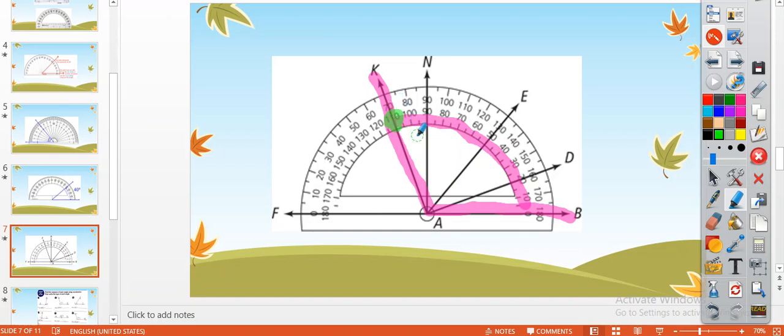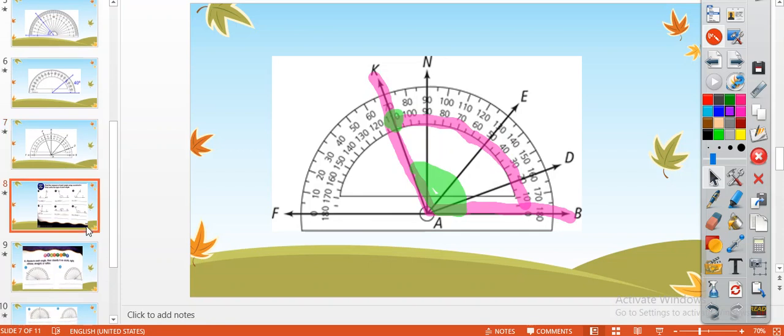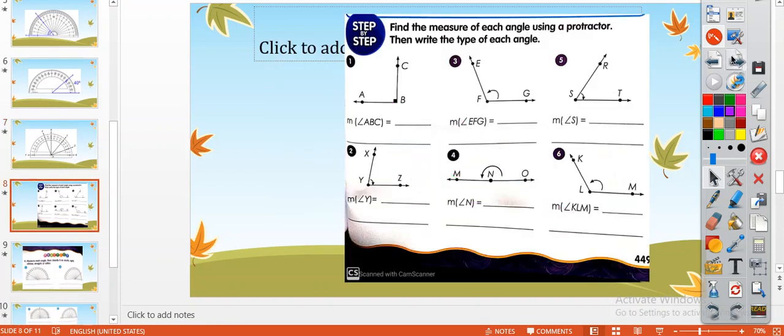And to make it reasonable, make sure that this is an obtuse angle, and an obtuse angle does not measure 70. Obtuse angles measure more than 90. Okay, that makes sense.